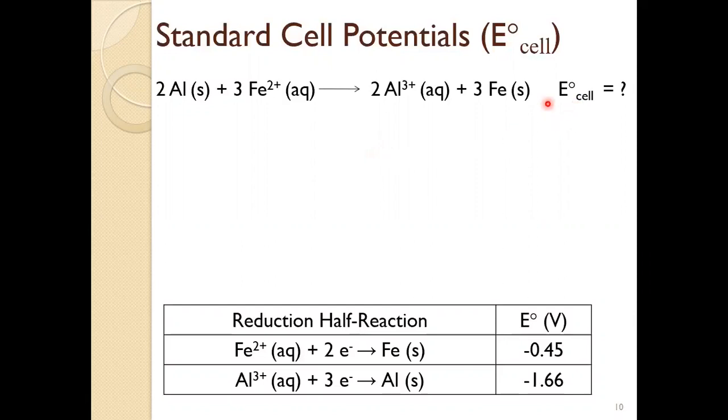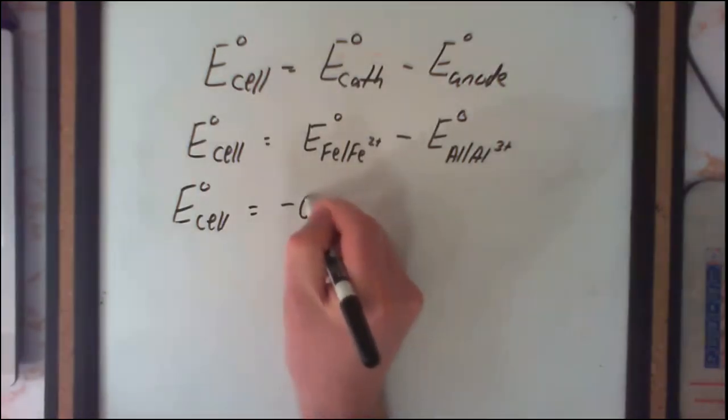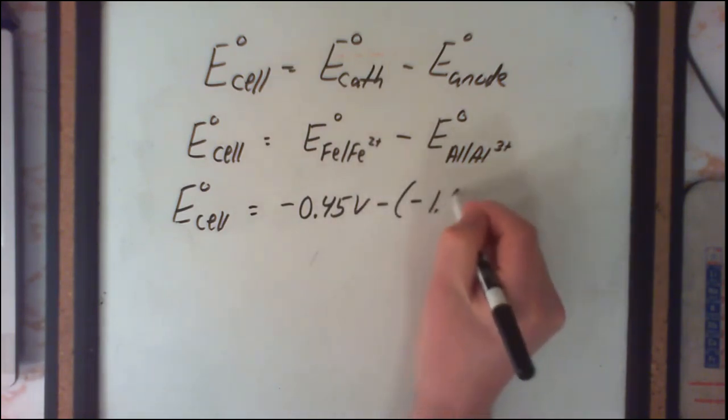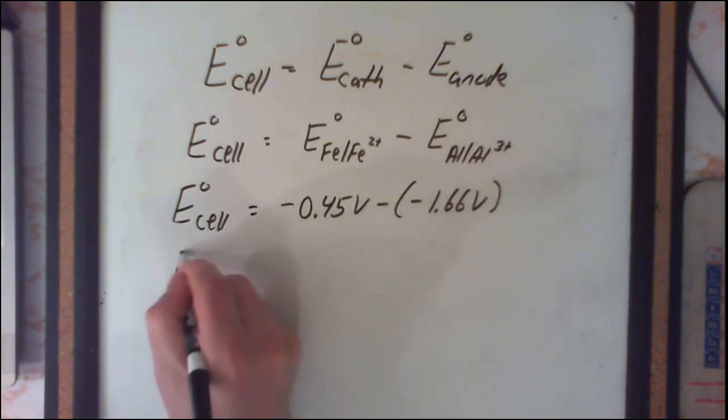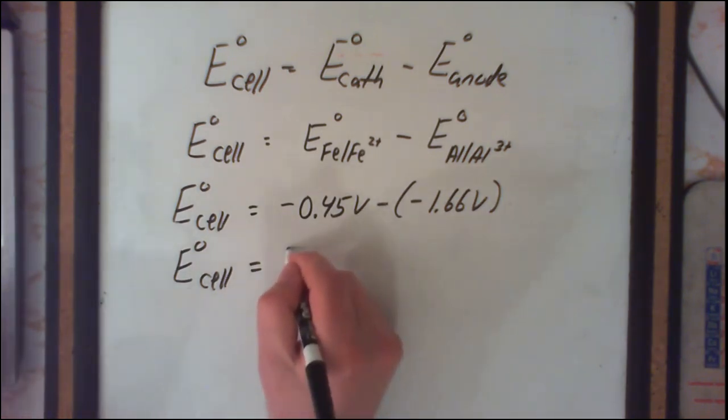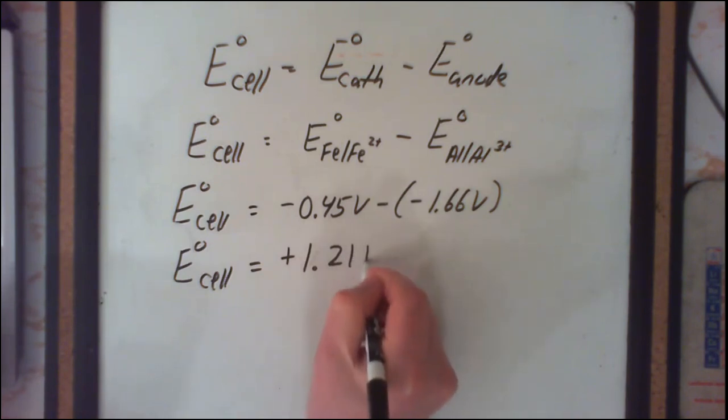So to calculate the cell potential, we take the reduction potential at the cathode, the iron number, and from that we subtract the reduction potential of what's occurring at the anode, which is aluminum, negative 1.66. So we have negative 0.45 volts minus a negative 1.66 volts, giving a standard cell potential of positive 1.21 volts.